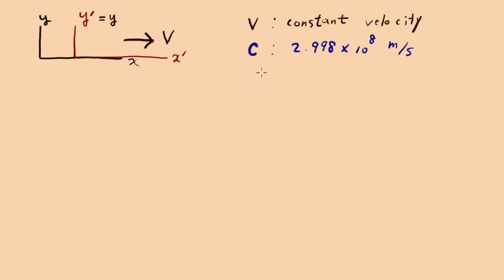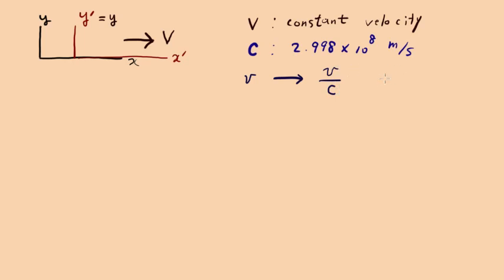In the following, when we talk about velocity or speed, we will actually measure the velocity or speed in relative terms with respect to the speed of light. So when we write v, what we will actually mean is the fraction v over c.